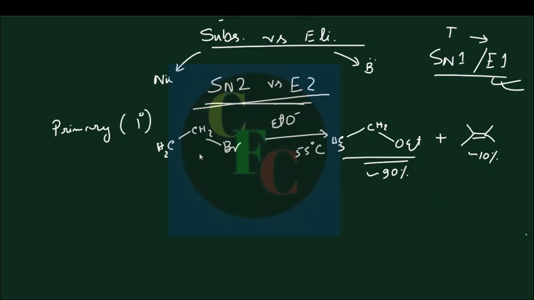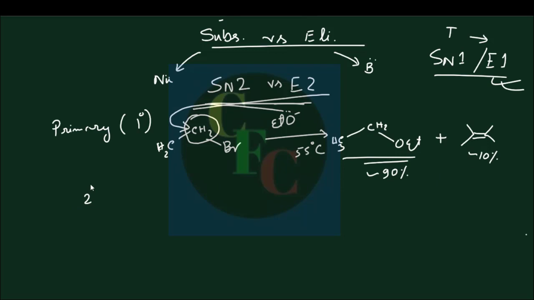Why is it so? This is because this is a primary alkyl halide and it is not hindered, so backside attack is easily possible. That's why we get more substitution product rather than elimination.